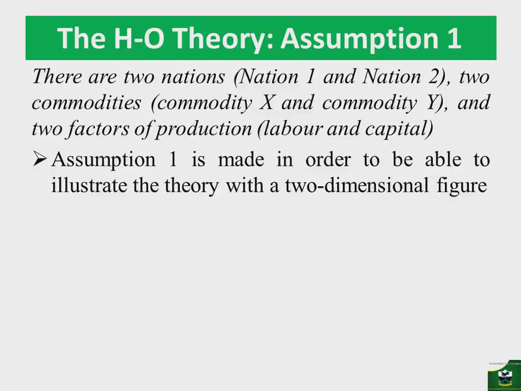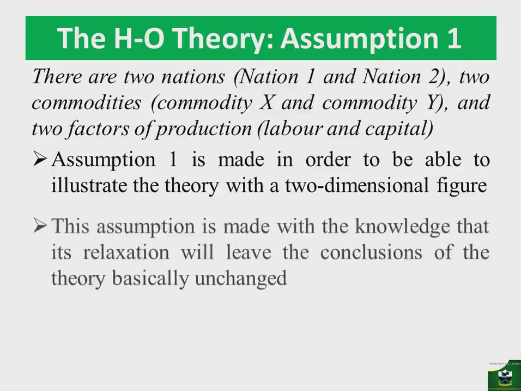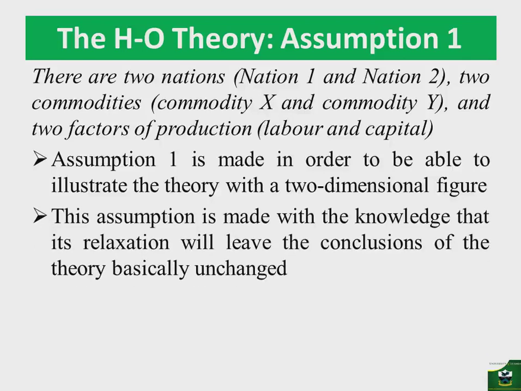In the appendix of Dominick Salvatore, which is our main book, you will find a case where we have many nations, many commodities, and many factors of production. So what we see is that making this assumption will not change anything about the stance of the theorem.